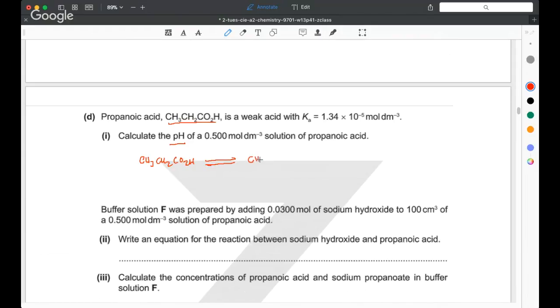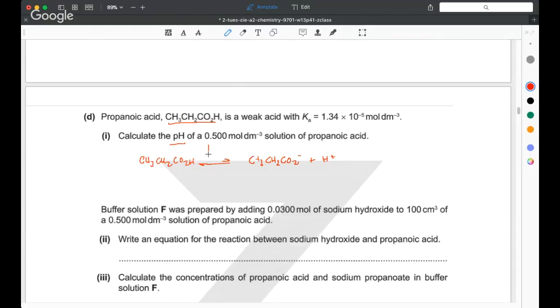Not very much. It's a weak acid. It doesn't completely ionize. It's just partially ionized. And if you wanted to make that clear, you could rewrite this equilibrium here to show that actually the position of equilibrium lies well over towards the reactant. Only a little bit of it dissociates.